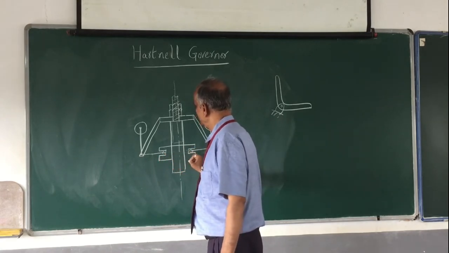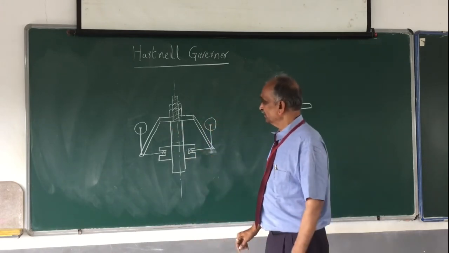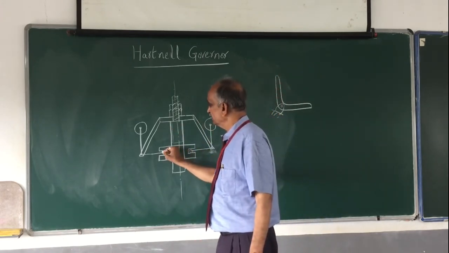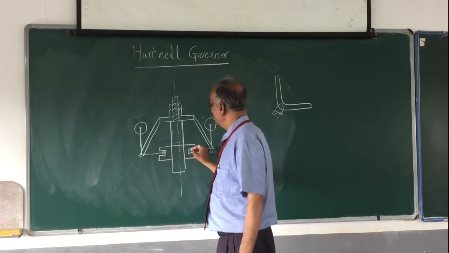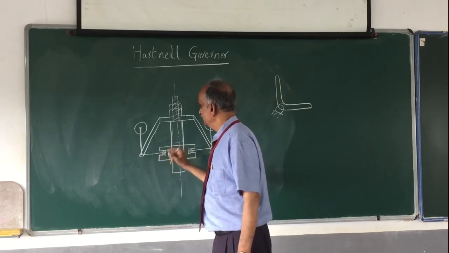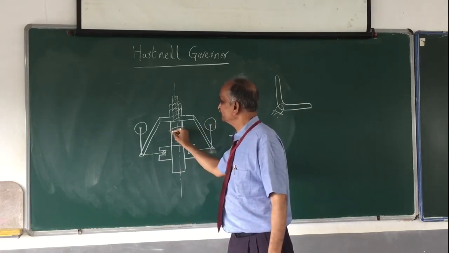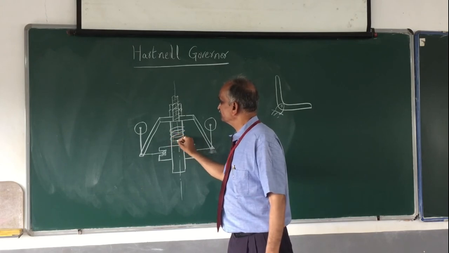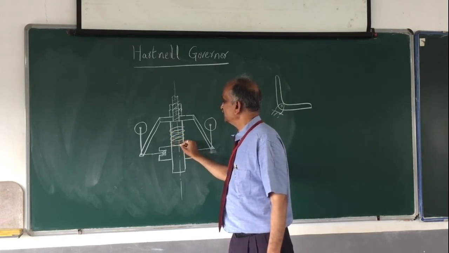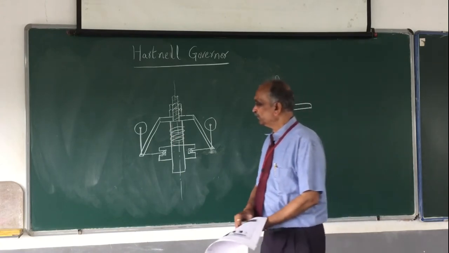This is the sleeve, and this sleeve can go up and down. The roller is touching here, and here you have a spring. The spring is placed on the sleeve, and there will be one nut.